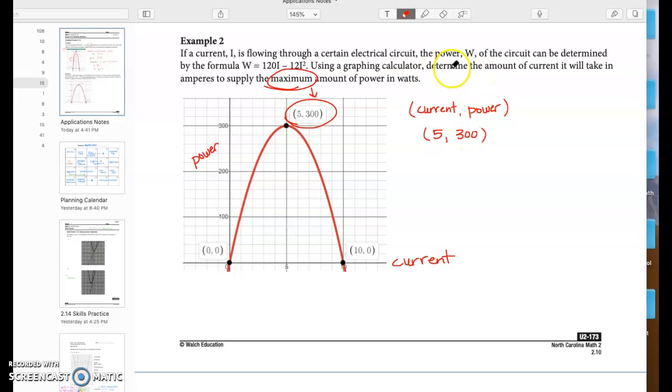The question is to determine the amount of current it will take, which means our answer is the x value. So 5 amperes, I think. Again, that's how you say that, would be your answer. If they asked for the maximum amount of power, then we would have given the y as the answer.